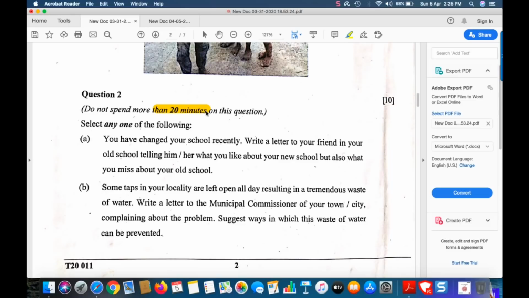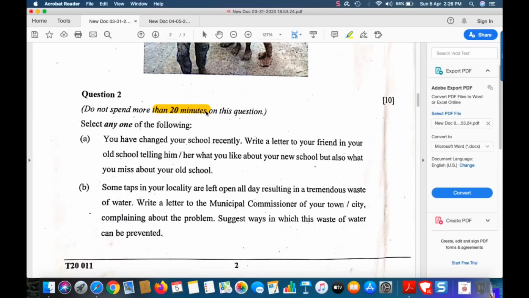Subpart B. Some taps in your locality are left open all day, resulting in a tremendous waste of water. Write a letter to the municipal commissioner of your town or city complaining about the problem. Suggest ways in which this waste of water can be prevented.